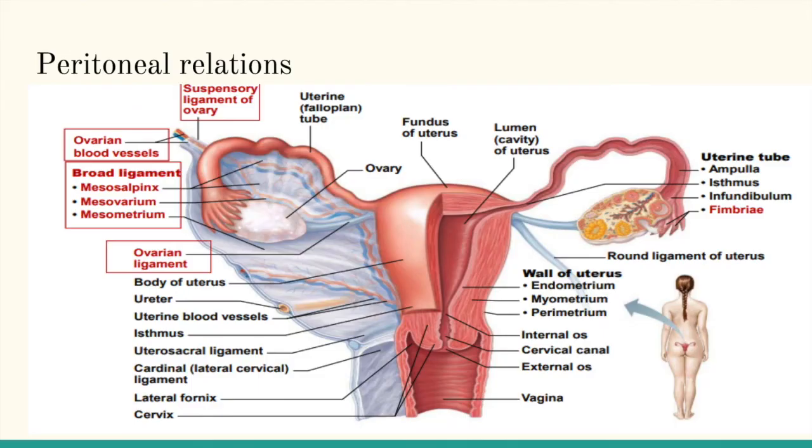Now first we'll see the peritoneal relations of ovary. So this is the ovary, which is located posterior and inferior to the fallopian tube, and this ovary is completely covered by the peritoneum except its anterior border, where this peritoneal fold is reflected to the posterior layer of the broad ligament. So in this view, this is the posterior aspect.